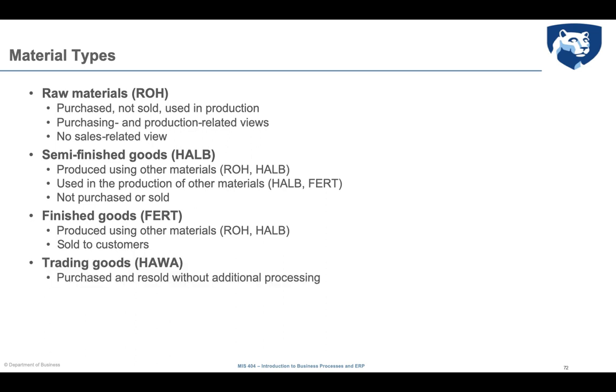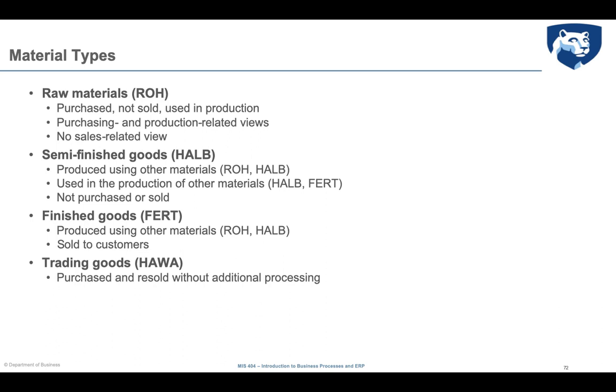And then we finally have trading goods. Trading goods are finished goods not produced internally but purchased as they are and resold without additional processing. For example, in the GBI case, there are some accessories that are bought externally and sold to the customer, but they are not produced by GBI, because they are just bought as finished goods from an external supplier and resold without additional processing.